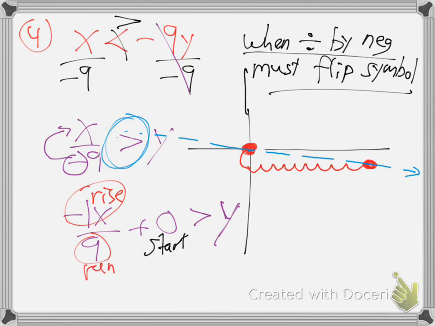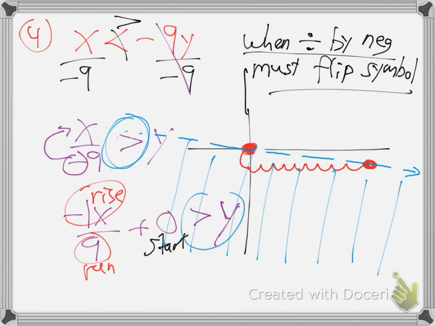So y is on which side of the symbol? Smaller. So it's smaller y values, not greater. It's from y's perspective. So the shading's down here, because y is on the lesser side of the symbol. It's all about y. There we go. Shade below dotted line.